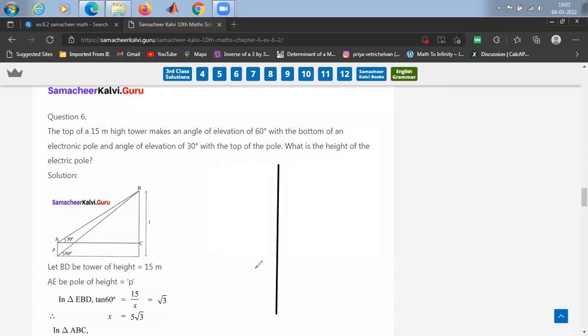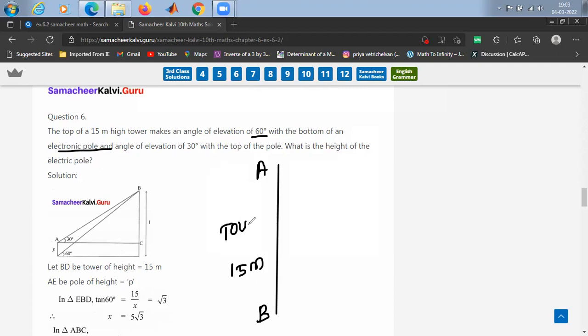Assume this as the tower. Okay, this is the tower with the height of 15 meter. Let's mark it as tower AB, 15 meter. So it makes an angle of elevation 60 degree with the bottom of an electric pole. So you have to draw another electric pole parallel to the tower. Okay, let me mark this.